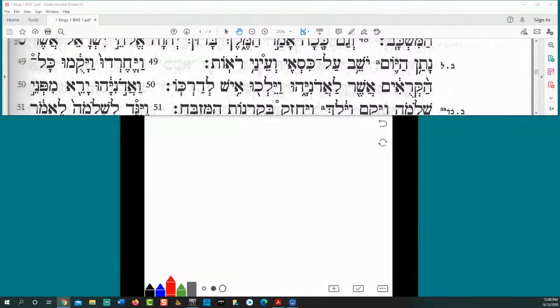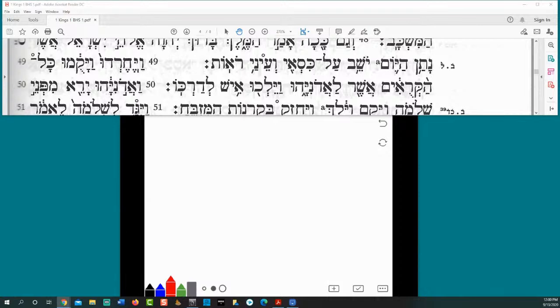Okay. So the Hiphil verbs, if you remember last week, we talked about the Piel. And if you think about the Piel stem, there are lots of different nuances that a Piel verb can have. So it can be factitive, it can be denominative.